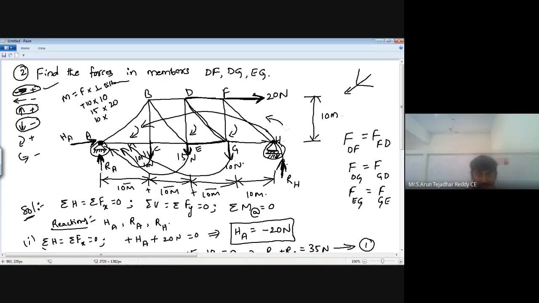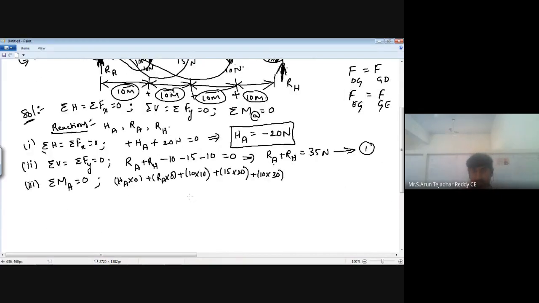So take negative, with the perpendicular distance from H to A. It means 10 meter, 10 meter, 10 meter, 10 meter, totally 40. Minus RH into 40.